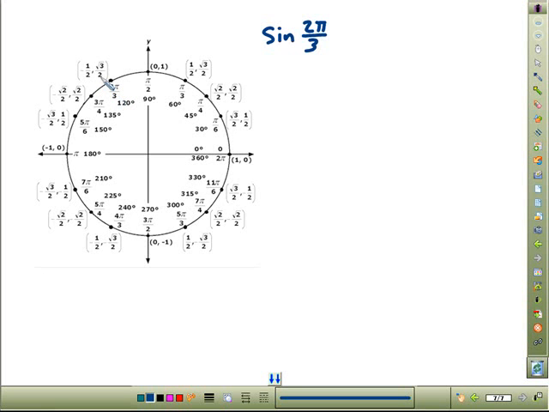It's the square root of 3 over 2. So that's our answer, the square root of 3 over 2. That's our sine of 2 pi over 3. Does everybody see that? Now what about cosine of 2 pi over 3? Well, negative 1/2, that's right. You just look at the unit circle.